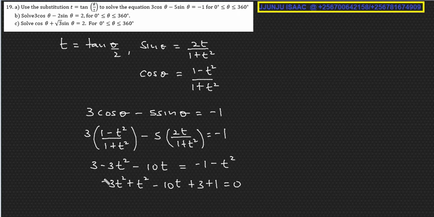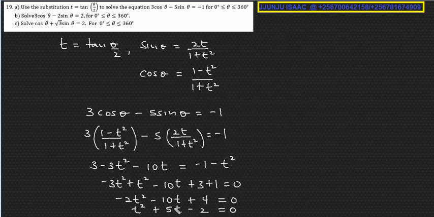So now let us see, this is going to be -2t squared minus 10t plus 4 equal to 0. Let me divide with -2. This will be t squared plus 5t, then minus 2 equal to 0.